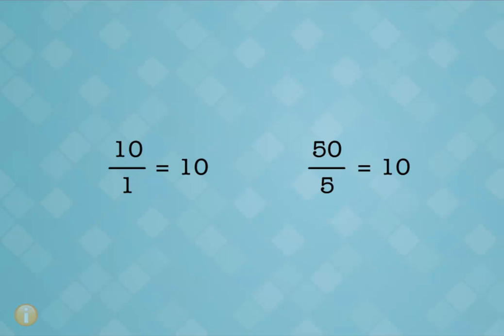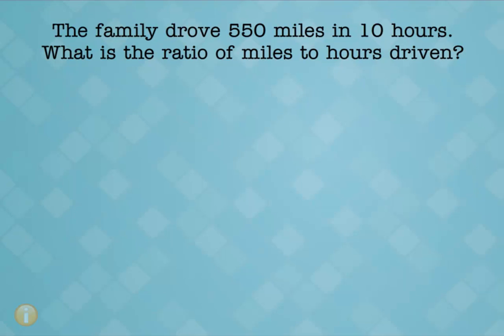Often, we know a ratio written like this, and are asked, what is the ratio of these numbers? The answer is 10 to 1, which is shown here. In other words, if the question in a problem asks, what is the ratio, the question is really, what is the unit ratio?